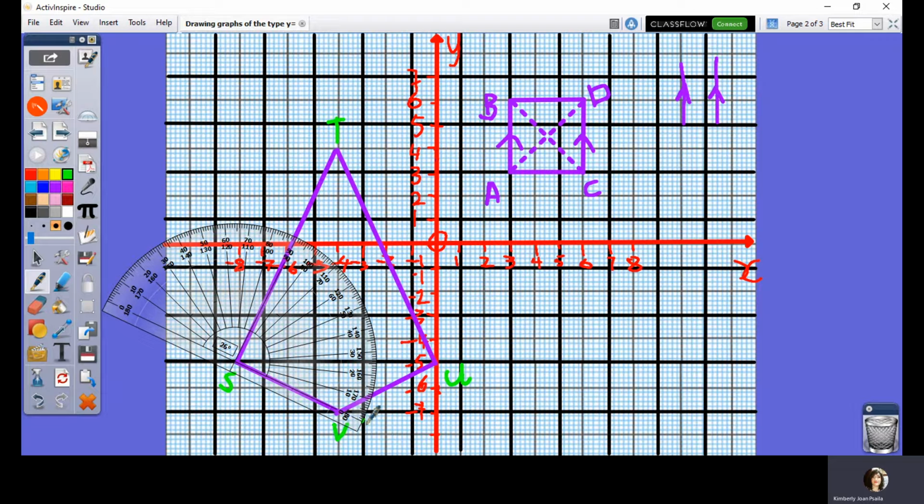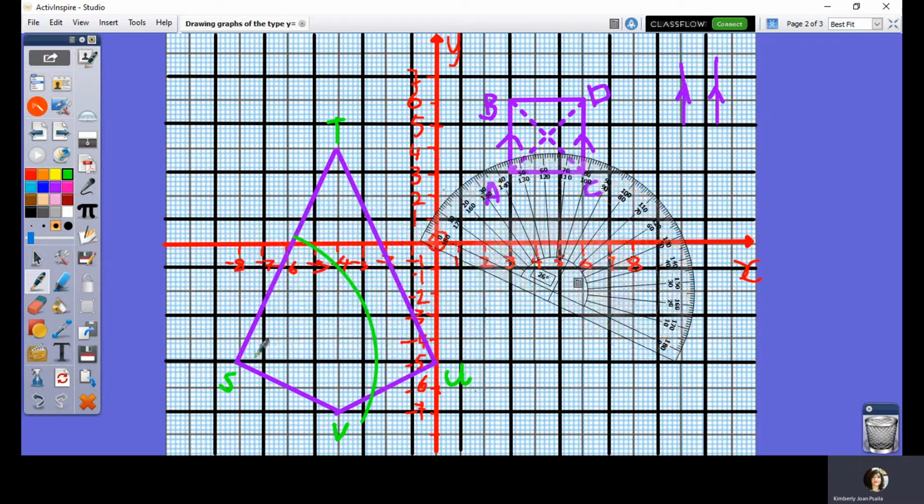So my zero is here, and I start reading my protractor from down here. So 0, 10, 20, 30, 40, 50, 60, 70, 80, 90. As you can see here, S has formed a 90-degree angle. So here we can write it down.